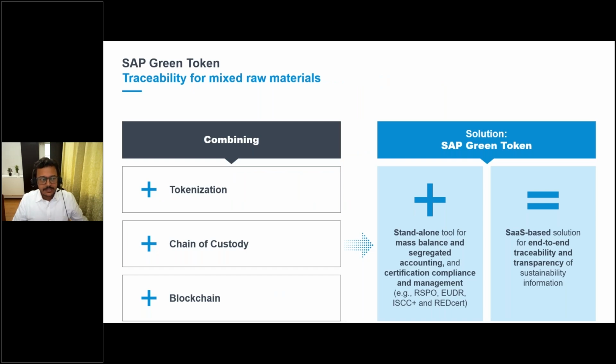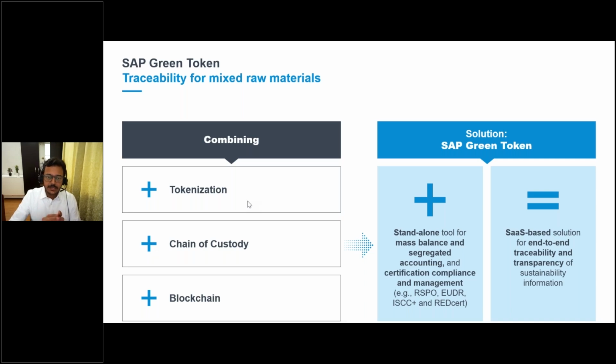So let's have a bit of a look behind how Green Token is achieving this functionality. And this is combining various principles in one single product. So the first is tokenization. Tokenization basically refers to creating a digital twin of your physical quantities and having all of these attributes tagged and attached to that digital twin.